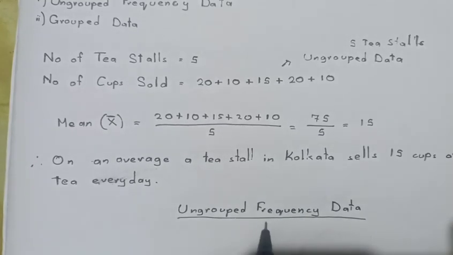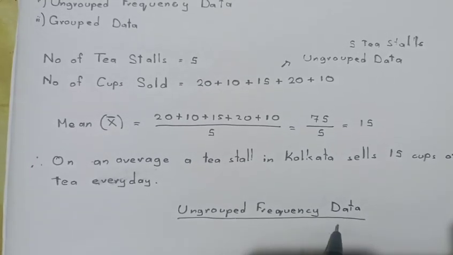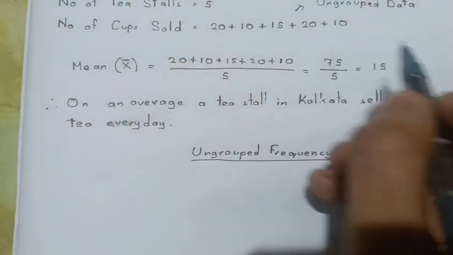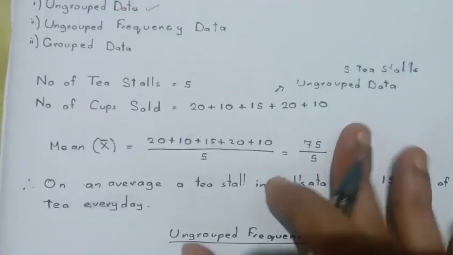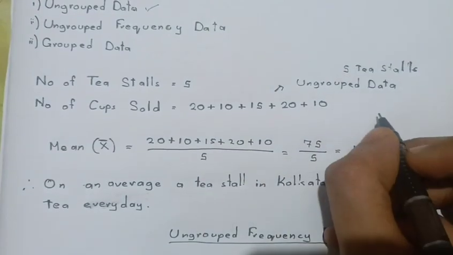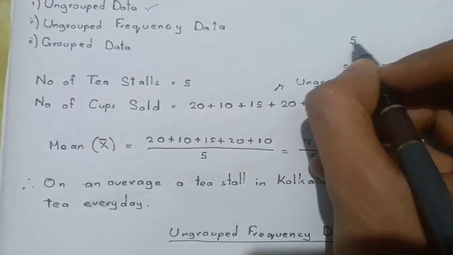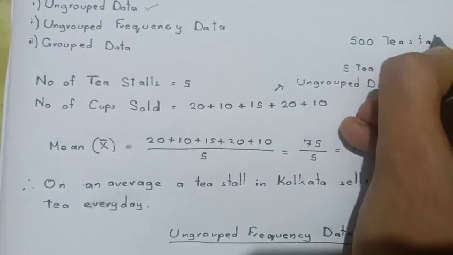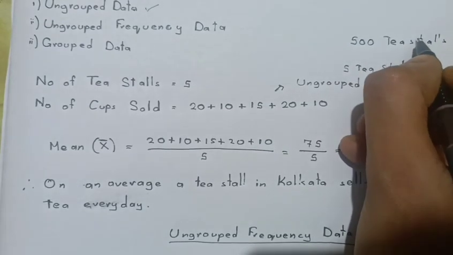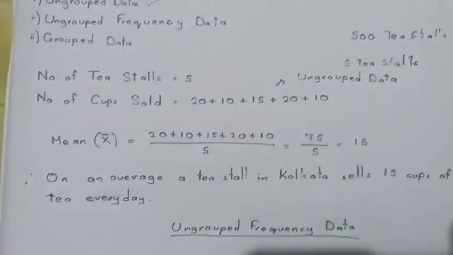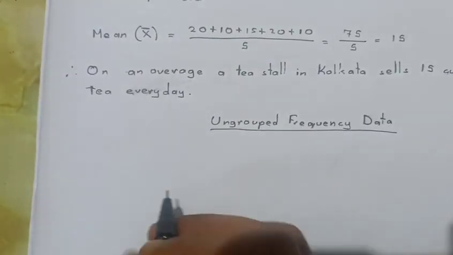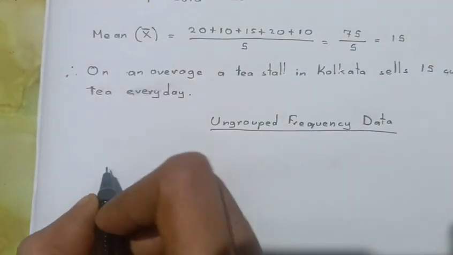The only difference is that we bring in a frequency table. Why? Because the data becomes larger. Let's say instead of 5, it is 500 tea stalls. That's why we put it into a frequency table.